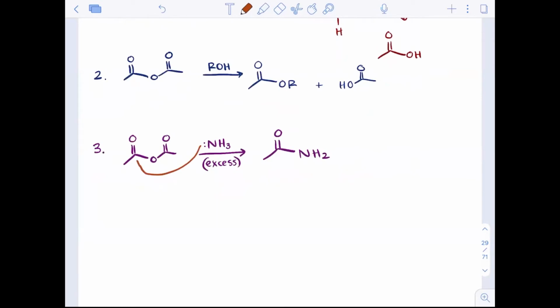Nitrogen, again a base, attacks the carbon of the carbonyl, kicks up the lone pair. I'm going to hang off one proton this time just to be a little bit quicker. A second equivalent of the amine will come in and deprotonate the nitrogen, so it's neutral.